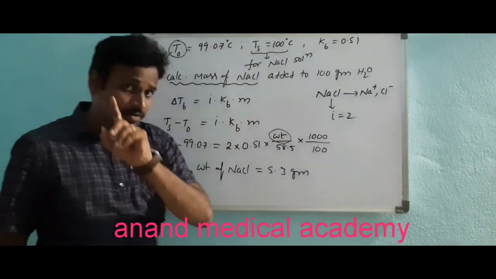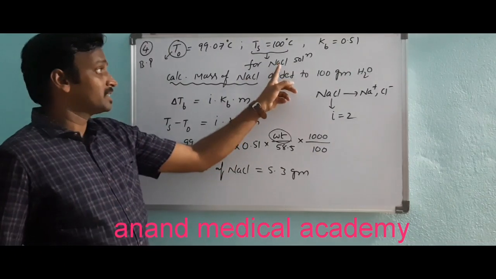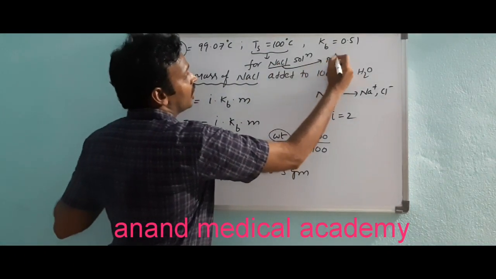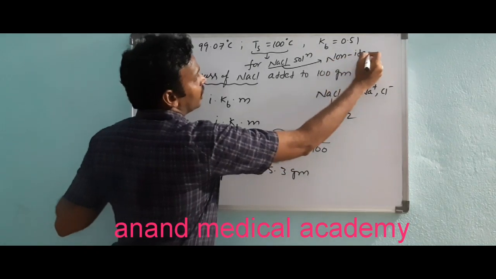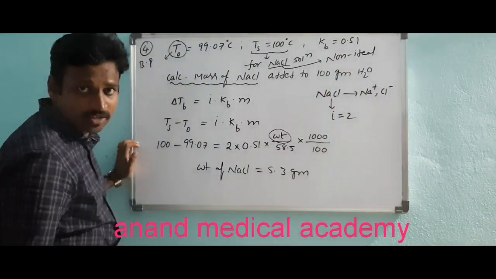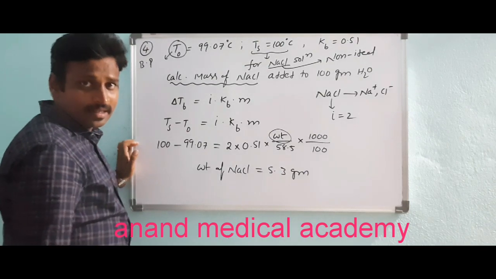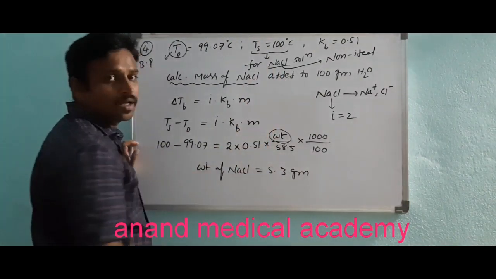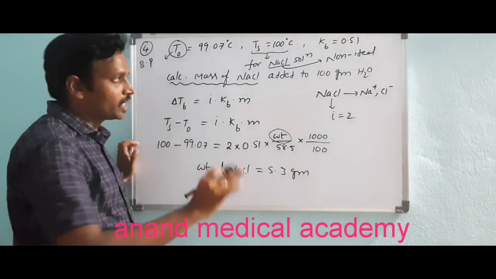The i value we have to take because NaCl is non-ideal. So we have used the van't Hoff factor i. i is equal to 2 here because NaCl is purely ionic and 100% dissociates, and they won't give it separately.